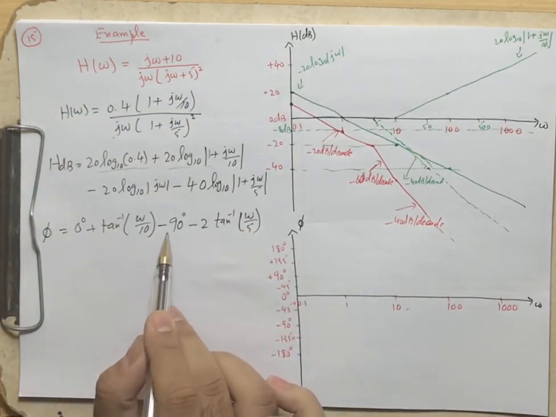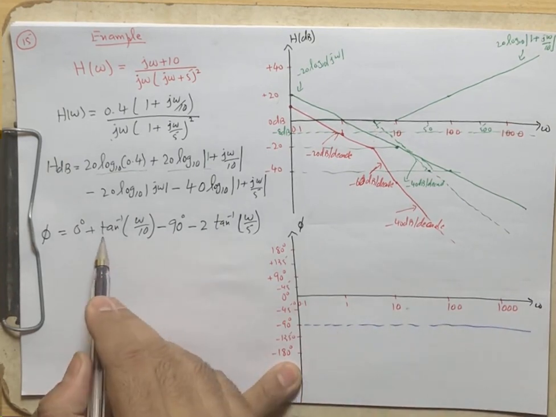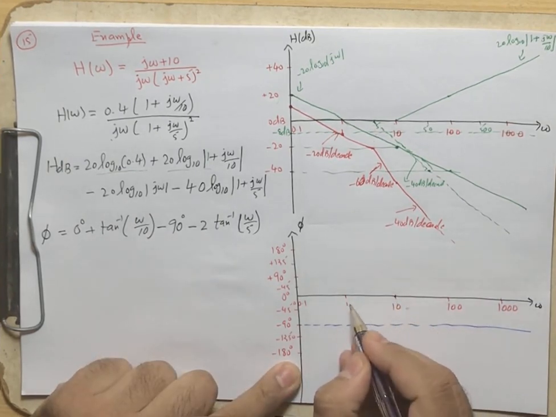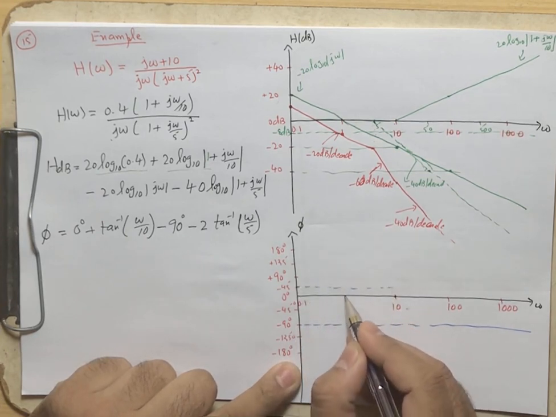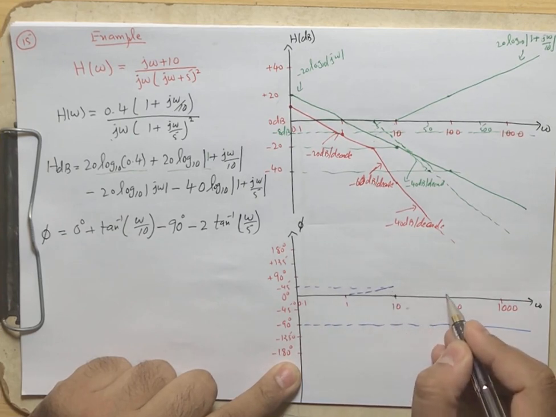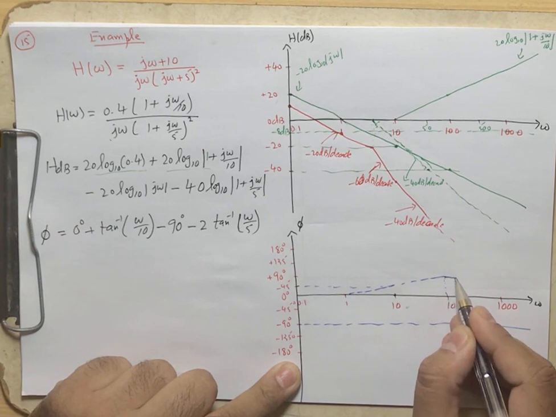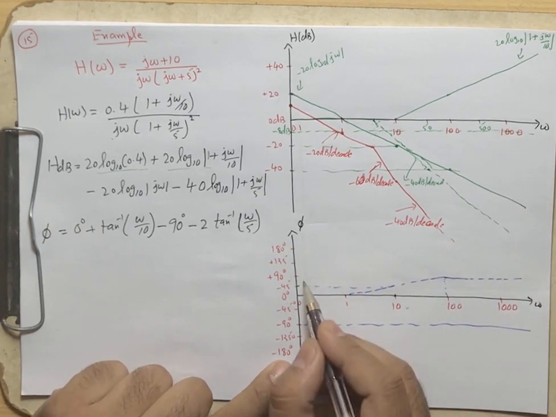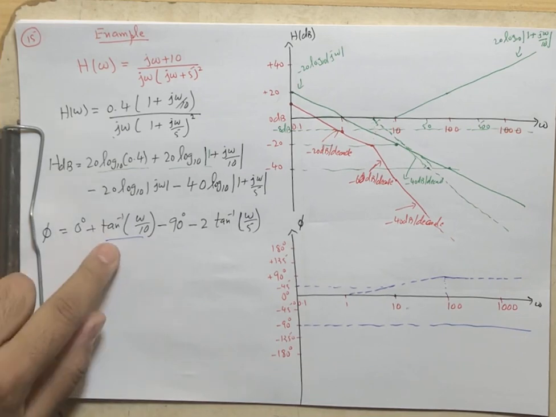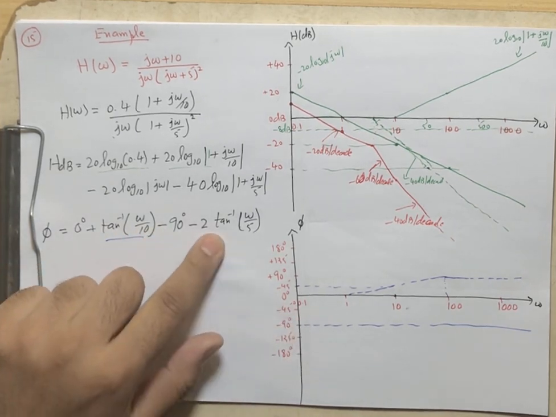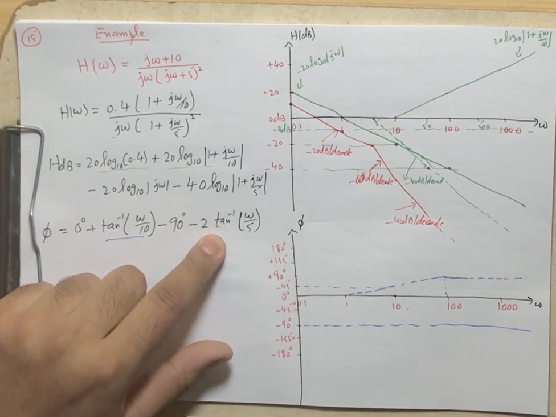So one is 0 degree, the other one is minus 90 degree, and this one will start from 10. So from here till here it will keep on increasing, and on 100 it will reach positive 90, and then it will remain at positive 90. So this is the phase plot: this is 0, this is minus 90, and then you have 2 at 5.